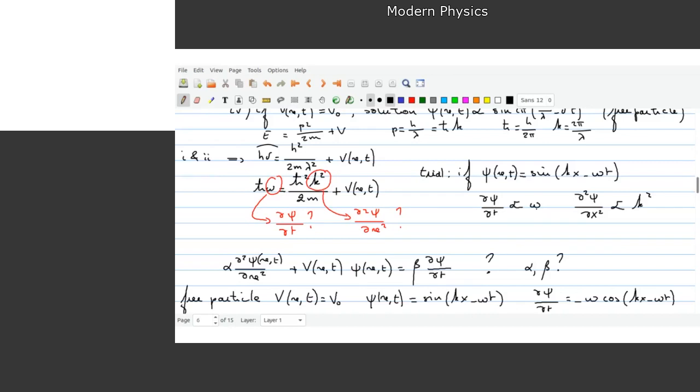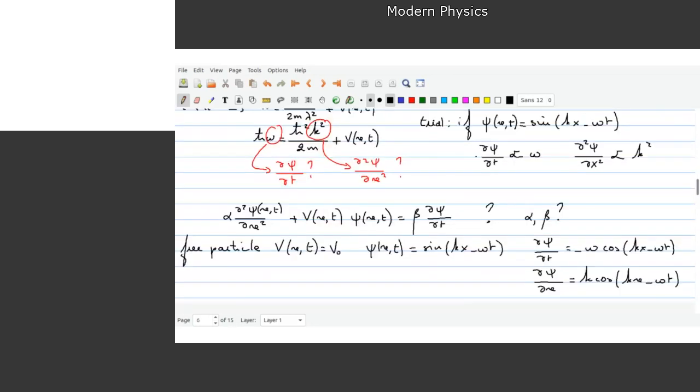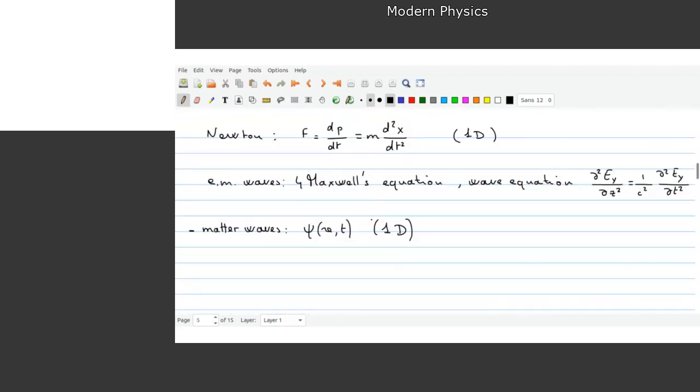And so I can try to see if this omega could be proportional to the first derivative as a function of time, and this k squared to the second derivative as a function of position, okay? So I write it here, and I will put some coefficients: alpha times the second derivative, because we have k squared, plus V. Why do I multiply V by psi? Because of the condition of linearity.